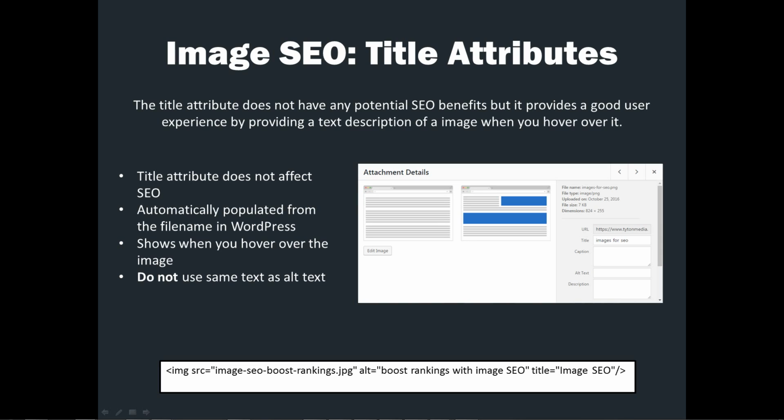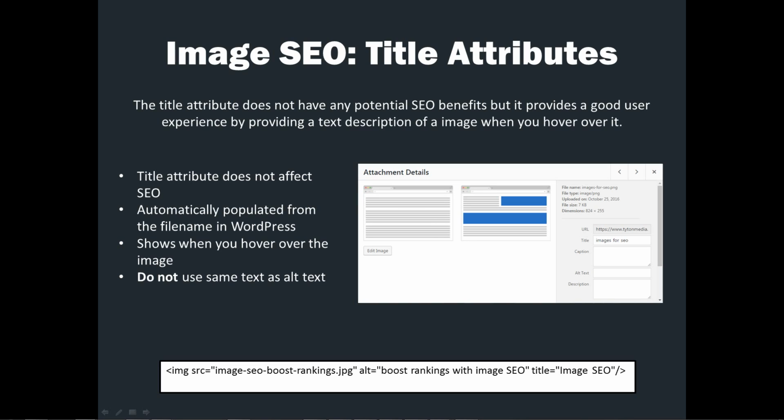So the title attribute is kind of the title of the image. This doesn't have any potential SEO benefits itself, but it provides a better user experience by providing a text description of an image when you hover over it. So if you go to an image on any web page that has a title tag and you hover over it, you'll see a small description of that image.